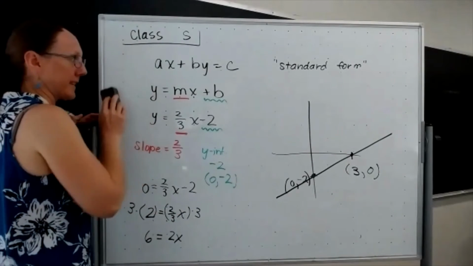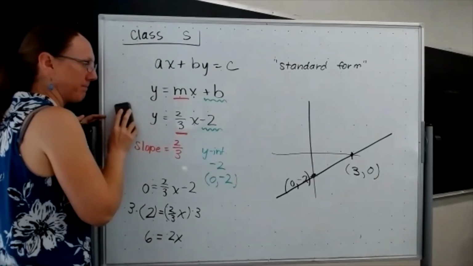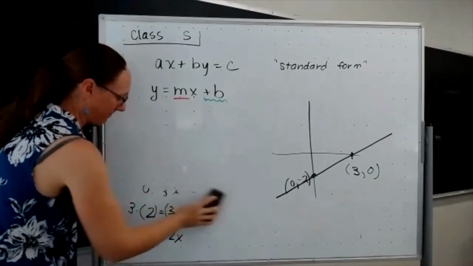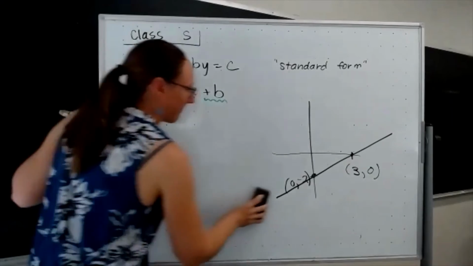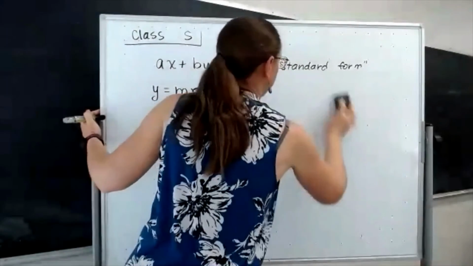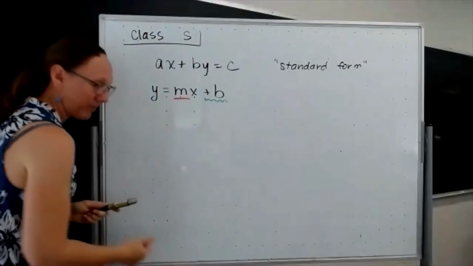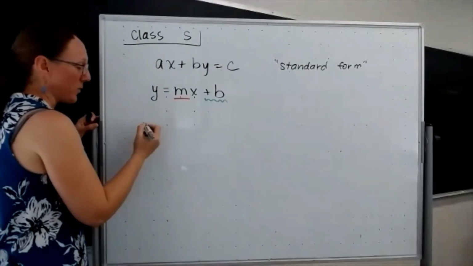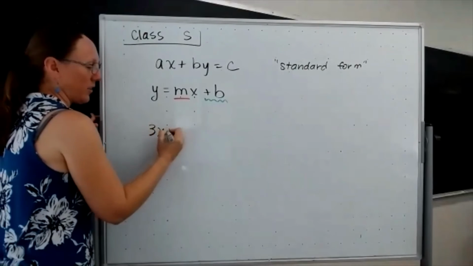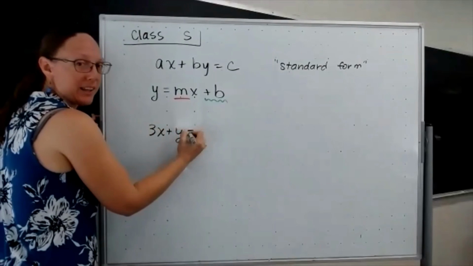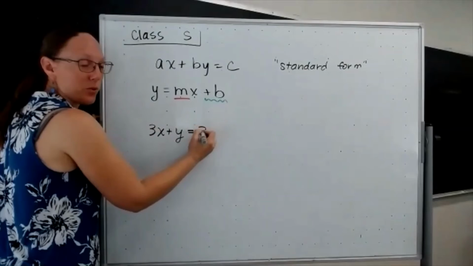I'm going to erase things. Well, on this next one, we have 3x plus y is equal to 3.